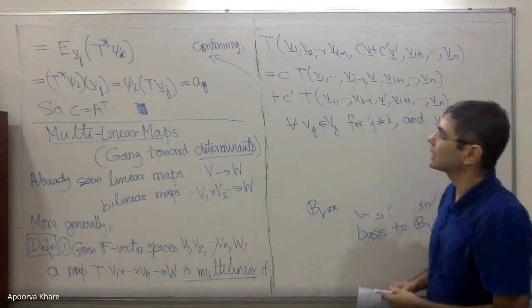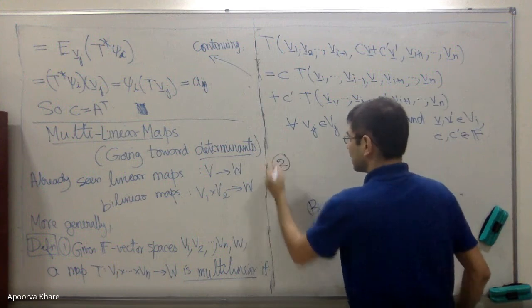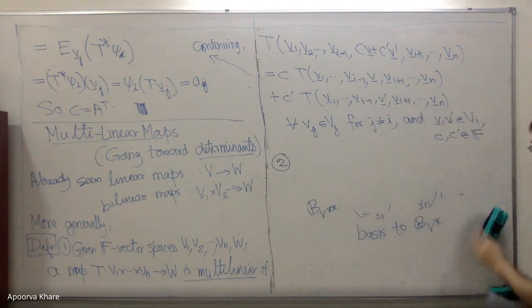It's just a mouthful, but the point is it is extremely obvious what it is. It's just that one has to write it carefully. That's why we take so much time.